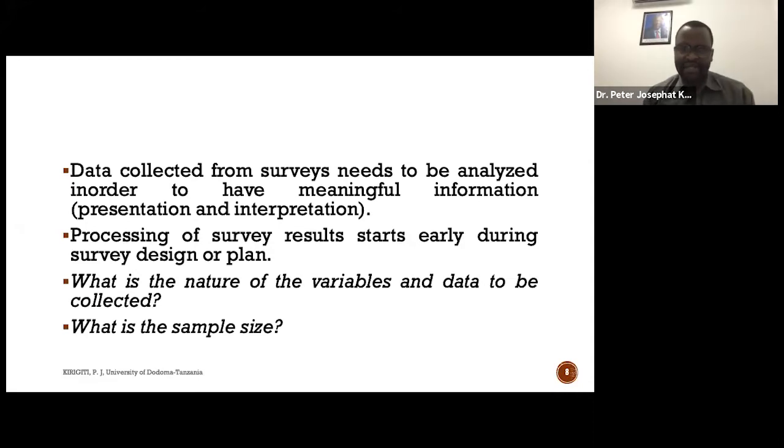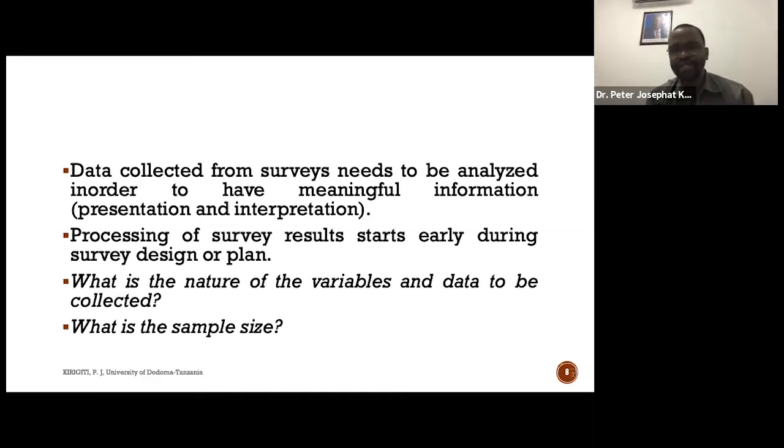It is very important that after conducting a survey, we have meaningful information. Of course, this includes presentation and interpretation. This is important because a researcher will be planning for the survey, but at the end of the day, in order for that survey to have value, the results must be communicated to the public.